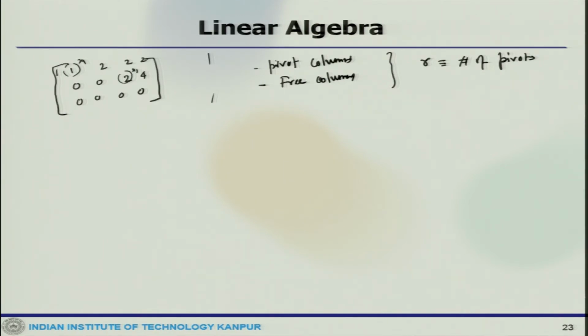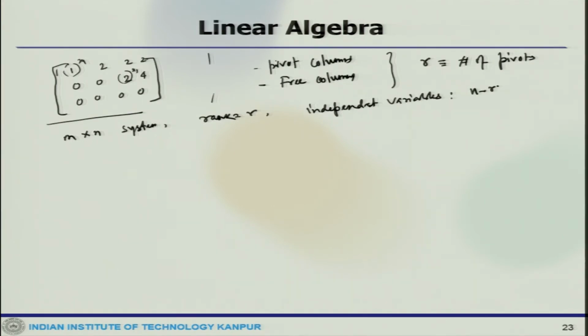So, if we try to generalize that, if we have an m by n system and the rank is r, then we have n minus r independent variables.